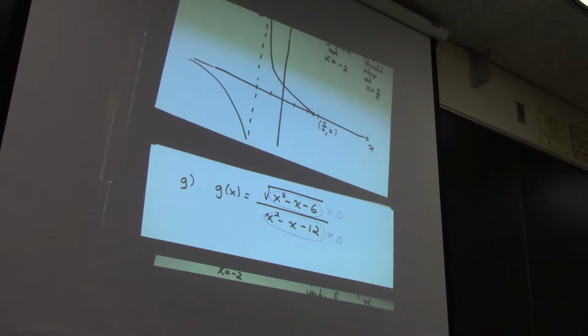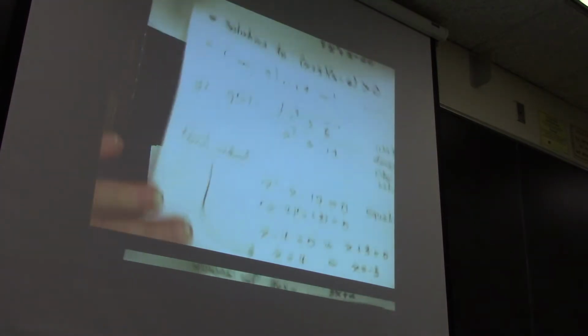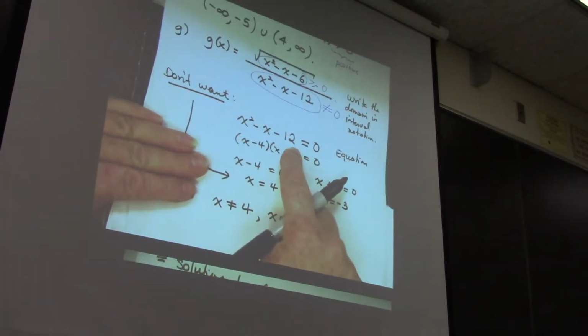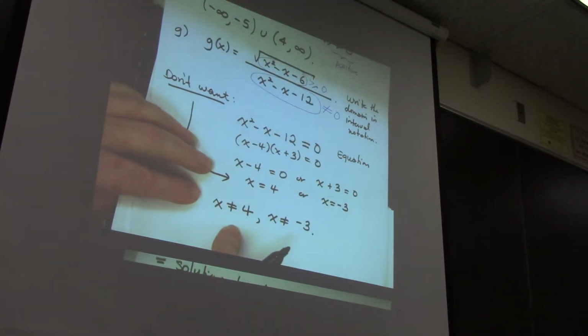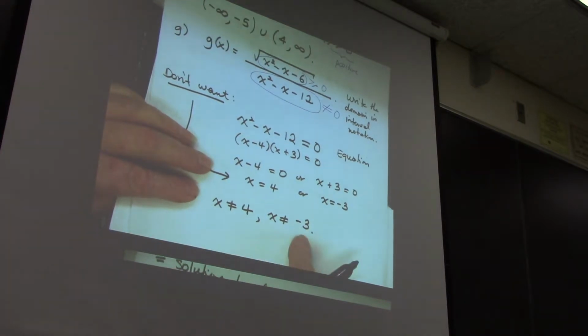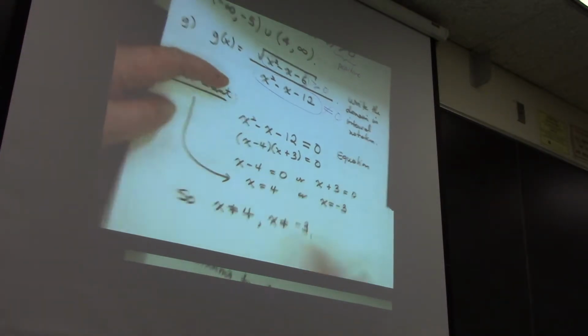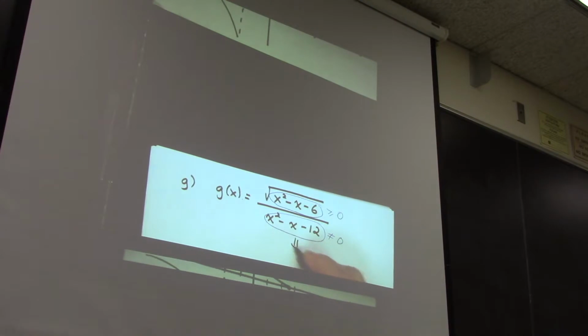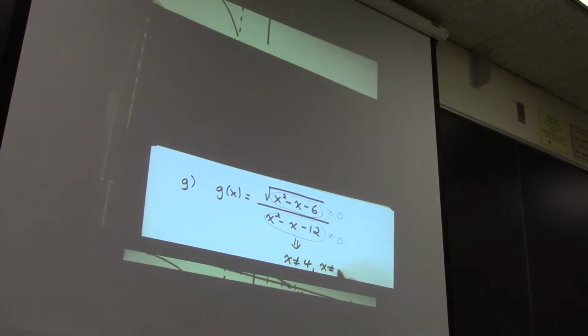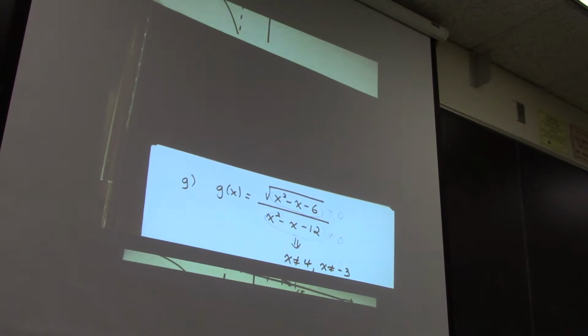And here we found out when we set the denominator to 0, we got x equals 4, as well as x equals negative 3. Okay, so from here we got x is not equal to 4, x is not equal to negative 3.